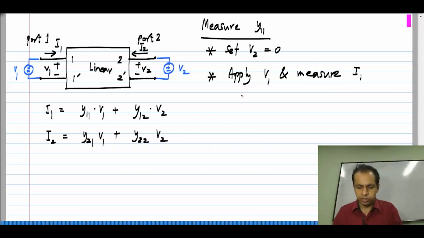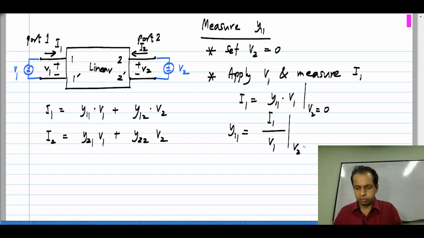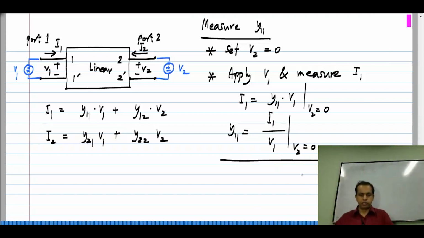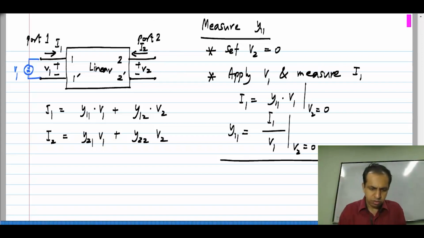Because we set V2 to 0, I1 will simply be Y11 times V1. This is with V2 equal to 0. So, Y11 is nothing but I1 divided by V1 when V2 is set to 0. In other words, what is the meaning of setting V2 to 0? We short circuit the second port.